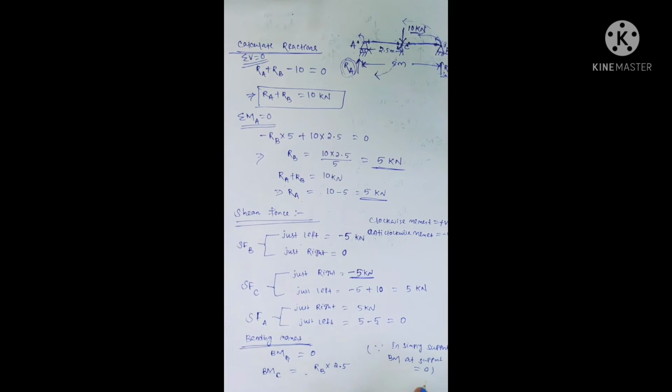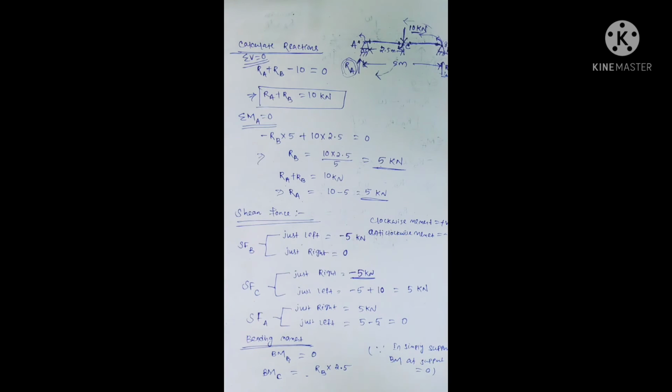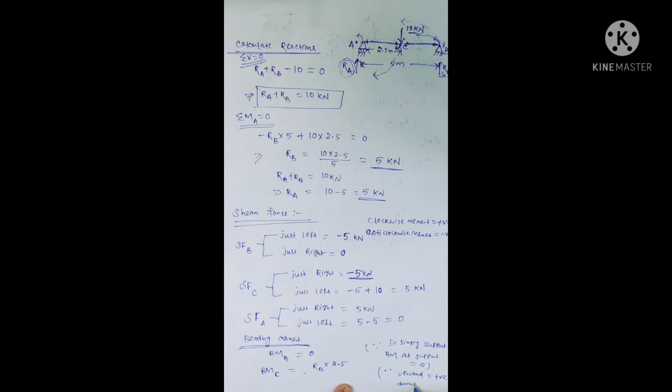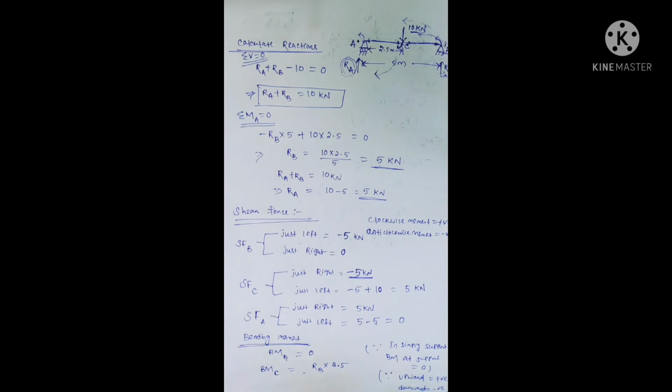When you are calculating bending moment, just keep in mind that upward force is positive, downward force is negative. In bending moment, force sign; in shear force, moment sign. Okay, upward equals positive, downward equals negative. Then RB is an upward force, so it will be positive.